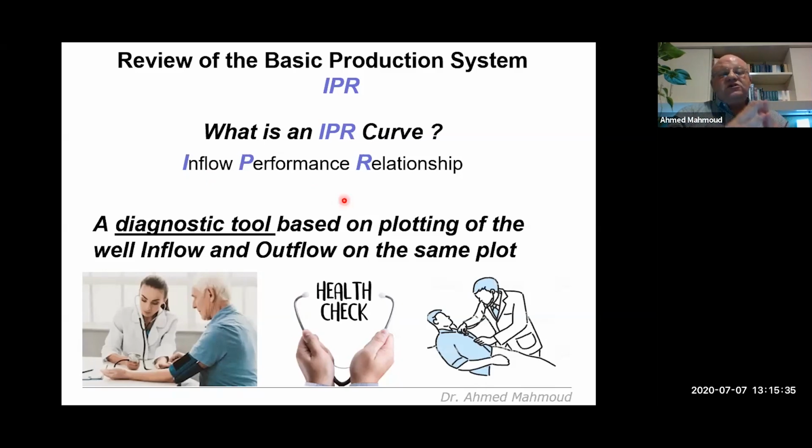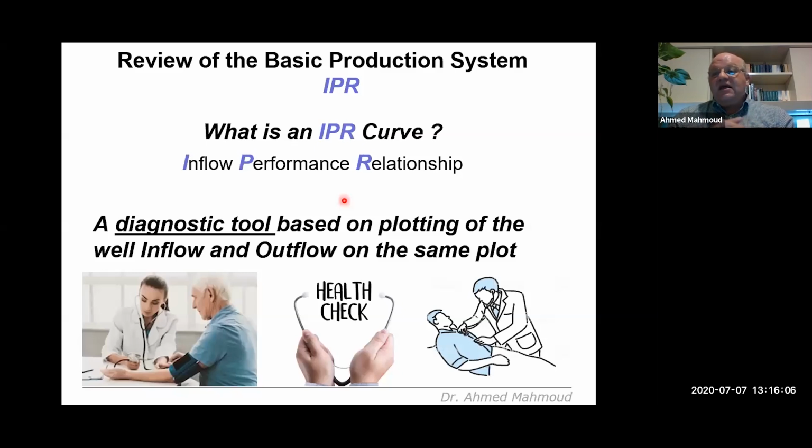It's a curve which we draw, and it's basically a diagnostic tool which petroleum engineers and production engineers use to be able to diagnose wells and actually know how wells are flowing. Are they flowing at their maximum capacity? Are they not at their maximum capacity? And it is this diagnostic tool which we use, similar to what doctors do in the medical domain.